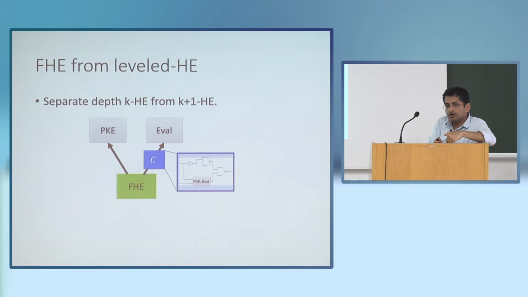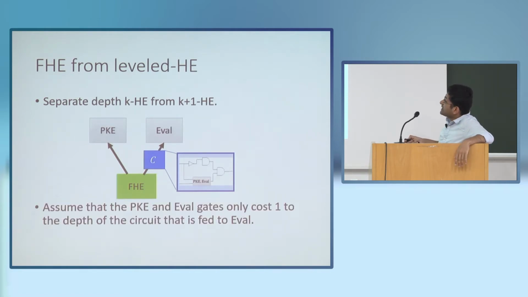So if you have a homomorphic encryption scheme that allows circuits of depth k, you cannot use it to build homomorphic encryption of circuits of depth k plus 1, even when you can make non-black box use of the underlying algorithms here. But I don't know the depth of them, so I'm going to go easy on you and say that anytime you use any gate from PKE or even the eval algorithm, that only costs 1. Okay?